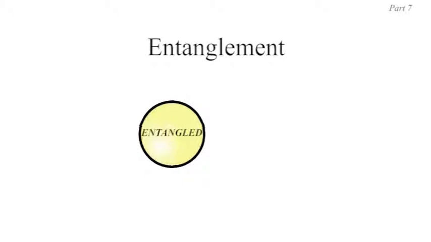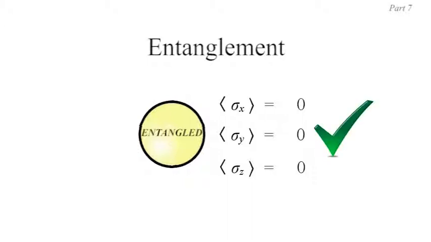In other words, for an electron in an entangled state, we will find later that all three of the average values of the three sigmas for each of the entangled electrons are equal to 0, implying that there is no direction in space for the entangled electron where if you measure the component of the spin of it, it would definitely give +1.